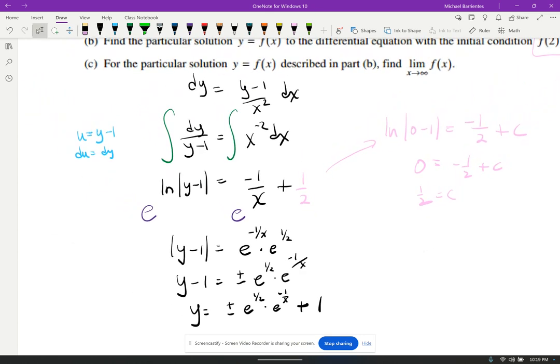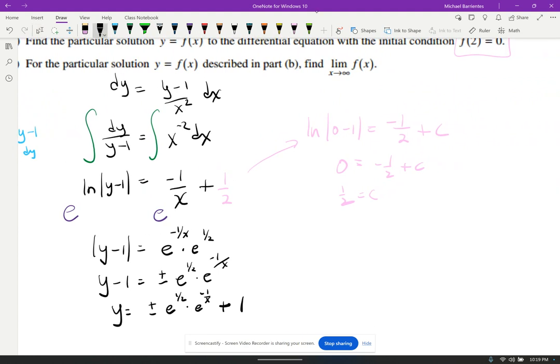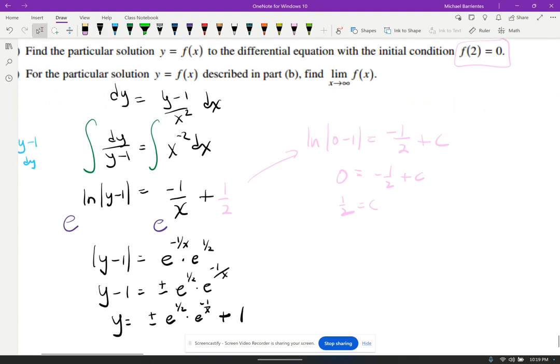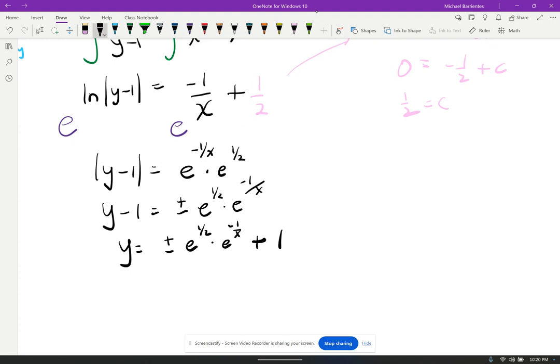However, remember, I'm using this initial condition, and it's telling me that I should get 0, right? So if I substitute a 2 here, will I get 0? Well, let's see. If I substitute a 2 here, I'll get e to the negative half times e to the positive half, which is going to give me e to the 0, which is 1.